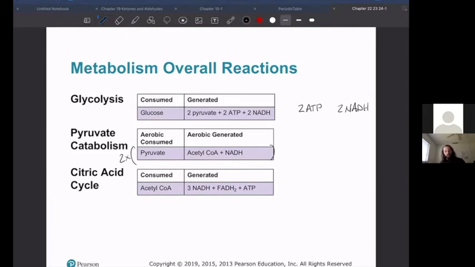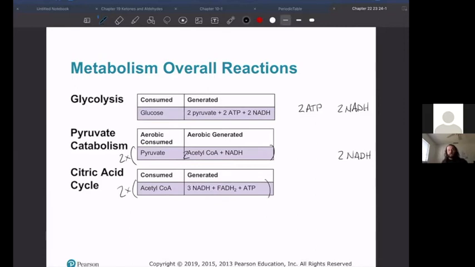So 2 molecules of pyruvate would produce 2 acetyl-CoA and 2 NADH. And then we have that acetyl-CoA entering into the citric acid cycle.